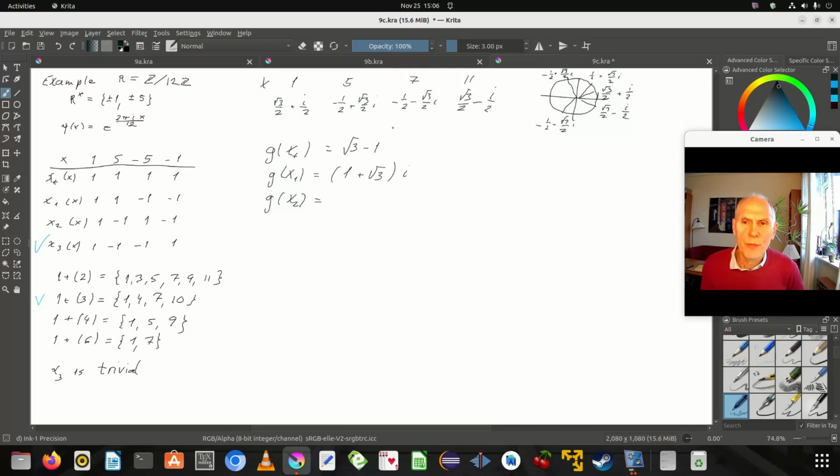So those two added and those two added. That means those two subtracted and those two subtracted. So it's that one minus that one giving i, and that one minus that one giving minus square root 3 i.